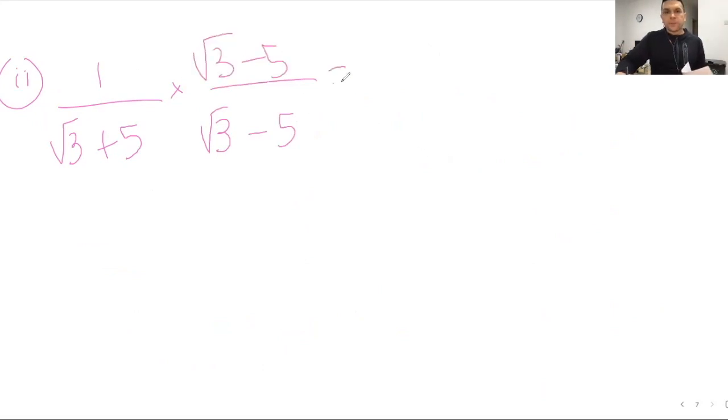Okay? So the numerator is just the same, right? And then the denominator, let's do it so you can see. This is 3, right? This times this is 3. And then you get the square root of 3 times negative 5, and the square root of 3 times positive 5. So those two are going to cancel out, right? Let's just write it out and you'll see.